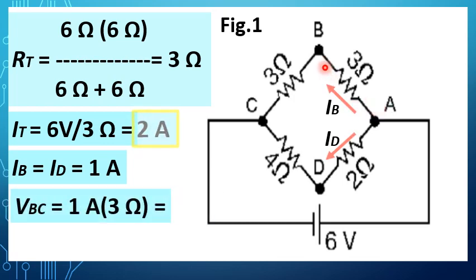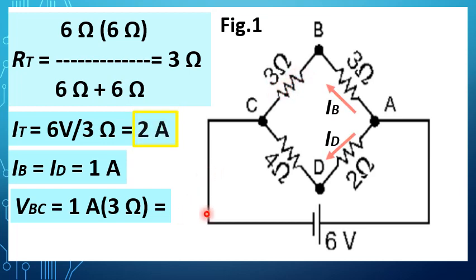Now, the potential at point B relative to point C, that is, the voltage V sub BC, is just determined by applying Ohm's law. The current passing through this resistance is 1 ampere, that is current I sub B. So multiply that by the given resistance of 3 ohms.